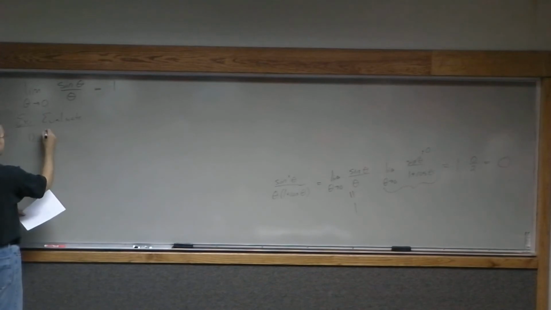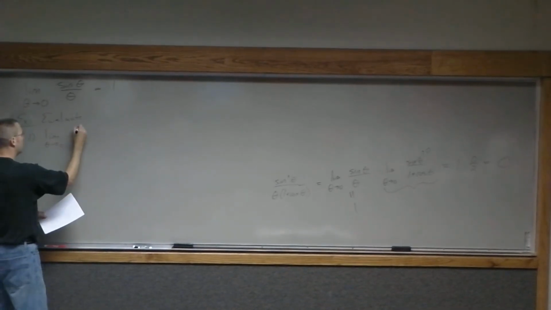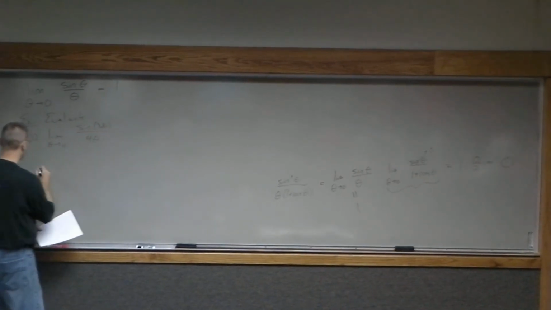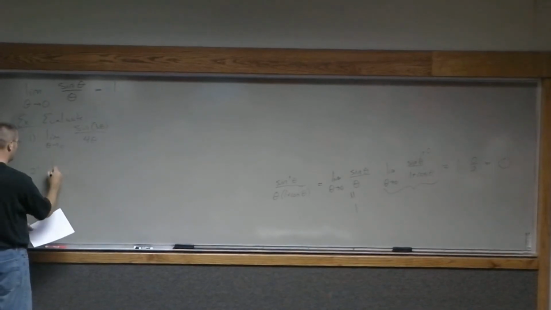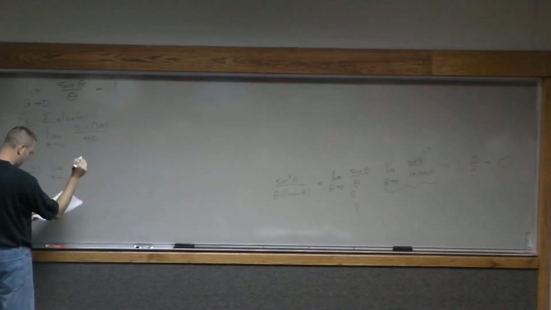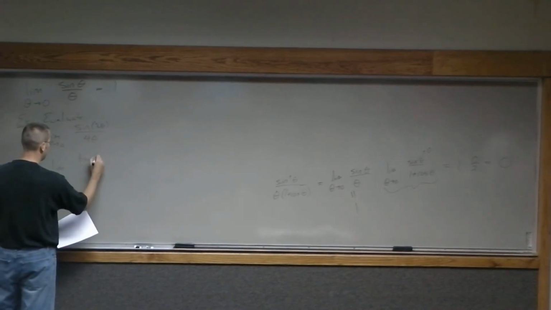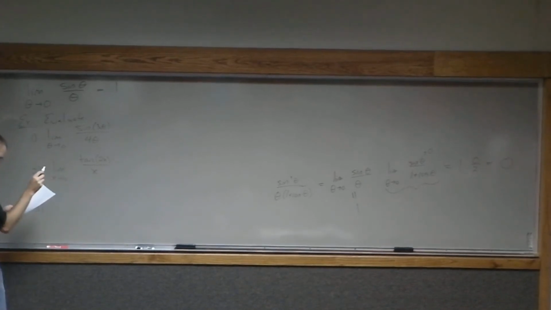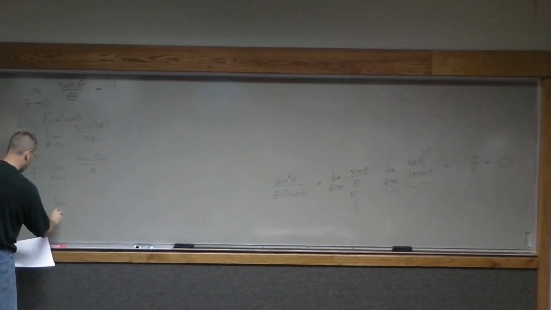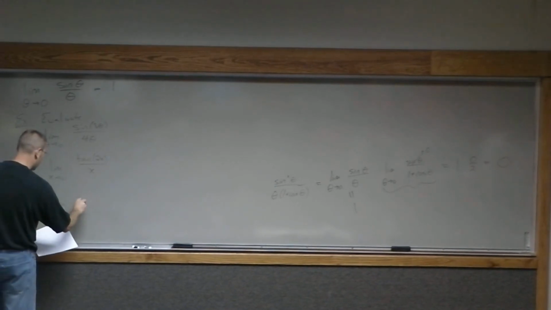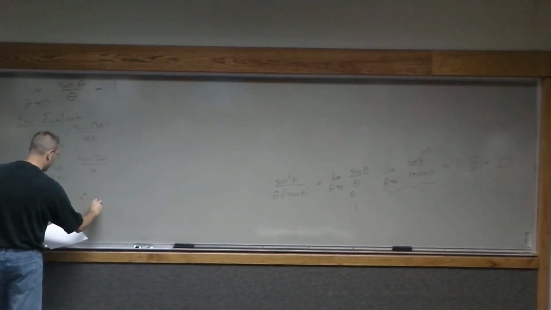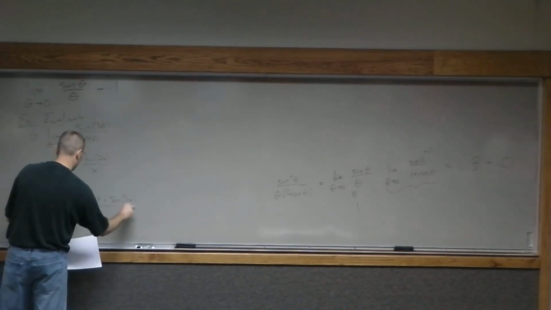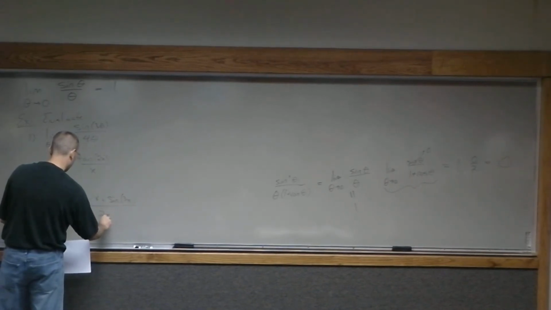Again, evaluate some of these. First one, the limit of sine of 3 theta divided by 4 theta. Second one, limit as x goes to 0 of tangent of 2x divided by x. And then the third one, limit as x goes to 0 of x squared minus x plus sine of 3x, all divided by 2x.